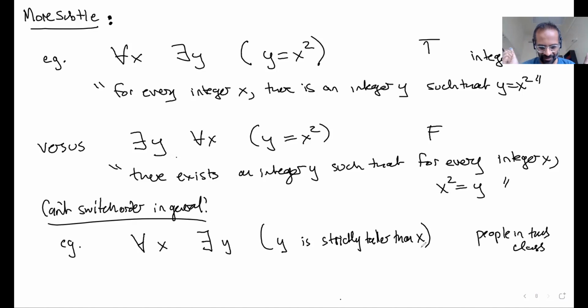So this is saying for everybody in this class, there's a person who is taller than them. Is that true? No, that would be false because there's a tallest person.